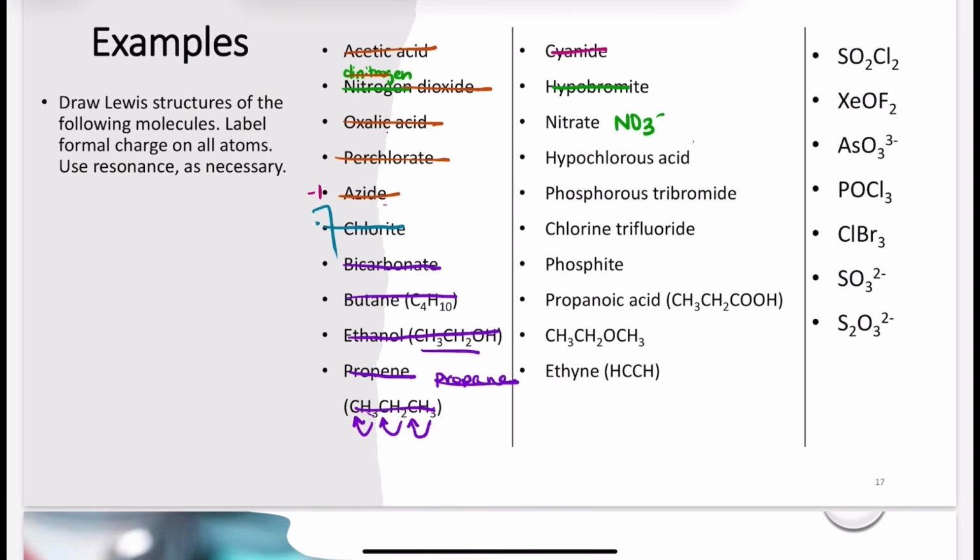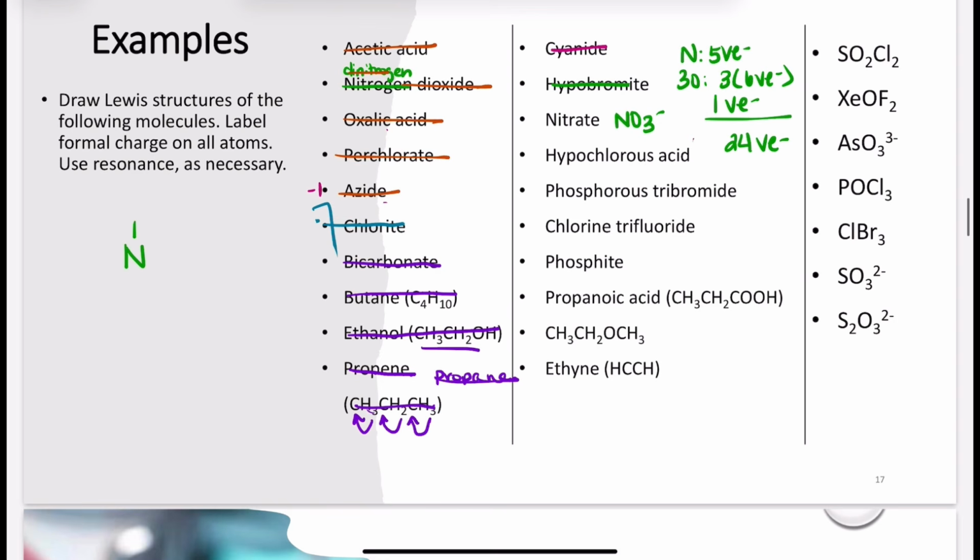Nitrate, NO3 minus. Nitrogen, 5 valence electrons, 3 oxygens at 6 valence electrons each, and then 1 extra valence electron for that negative charge. 3 times 6 is 18, plus 5 is 23, plus 1 is 24. Nitrogen's going to go in the center. It's the least electronegative.